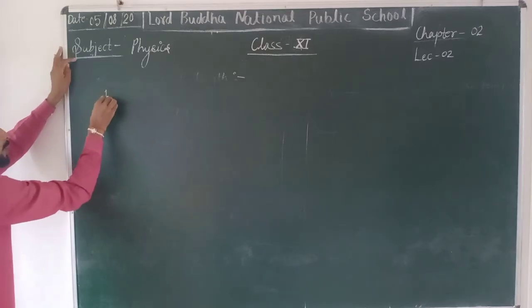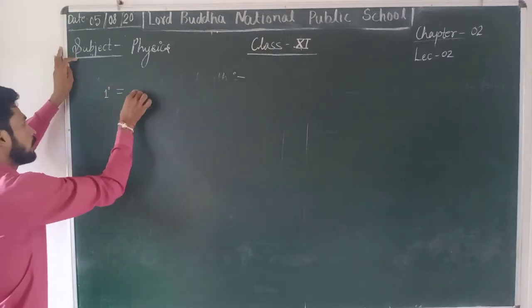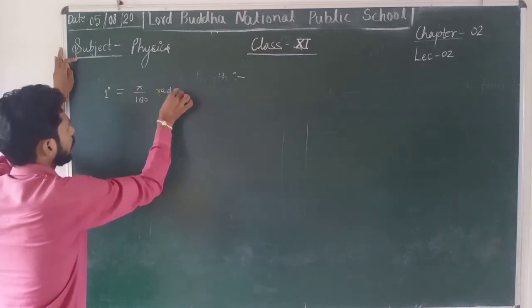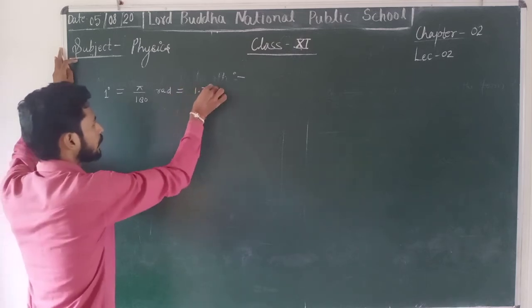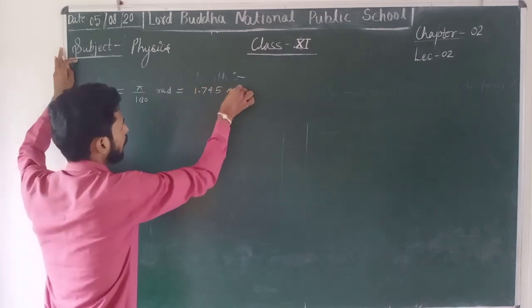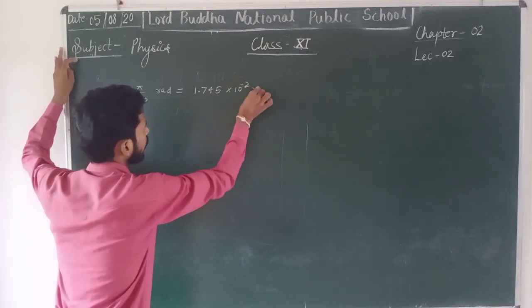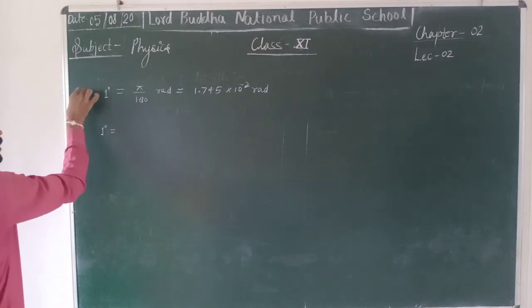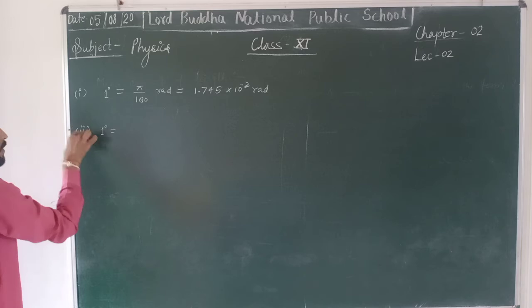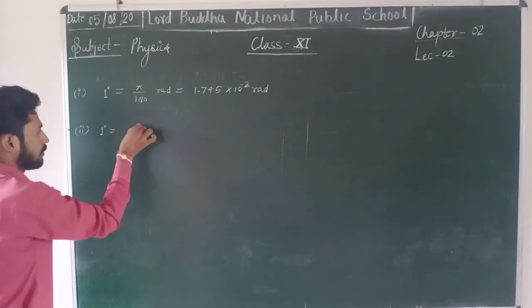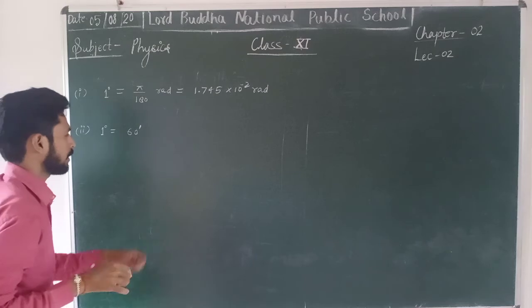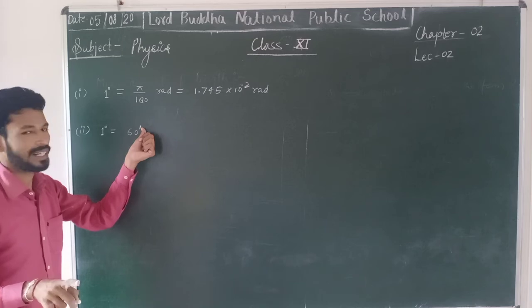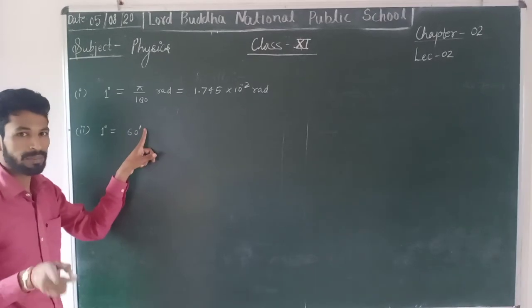We can write 1 degree equals pi upon 180 radian, otherwise equal to 1.745 into 10 to the power minus 2 radian, and point number second is 1 degree equals 60 minute. To represent minute take only 1 dash, so 60 dash means 60 minute. 1 dash represents the minute.